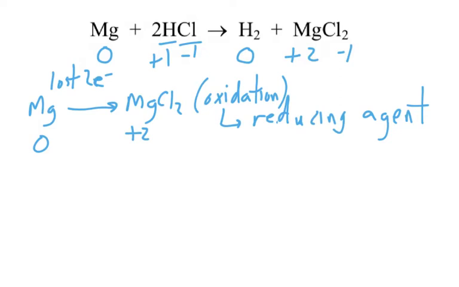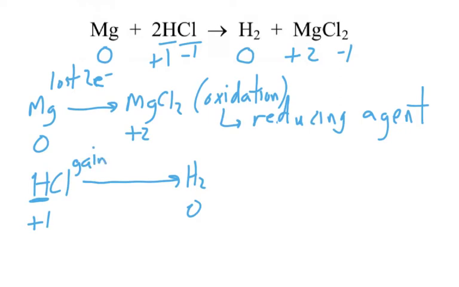So now we got hydrogen. On the left here, we got HCl. The H in HCl is +1. But on the right, the H becomes neutral. When you're going from positive and you're going to 0, or you're lowering, or you're going towards the negatives, it's because you are gaining electrons.